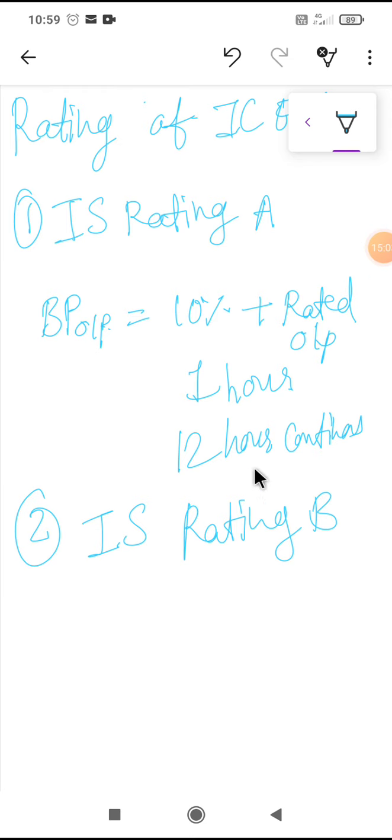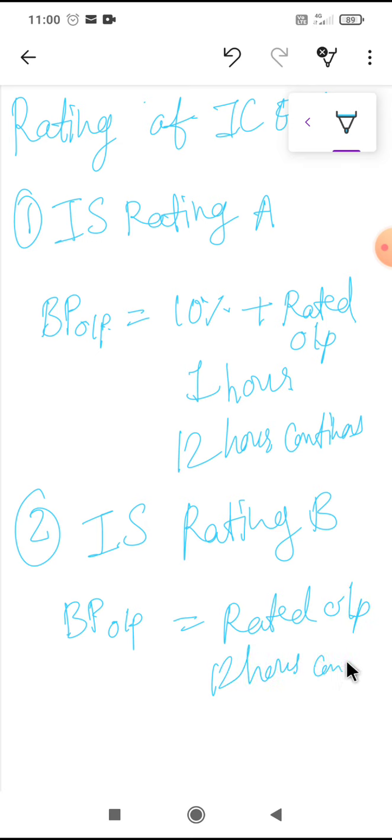So the net output in the brake power, so brake power output which the engine is capable of delivering continuously at rated crankshaft speed under operating conditions of the manufacturers according to the standard condition, the engine shall be able to give its rated output for 12 hours continuous running. So it should give rated output for 12 hours continuously without overheating or any mechanical trouble.